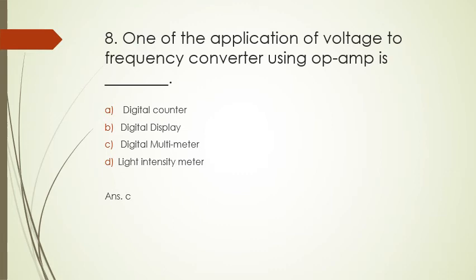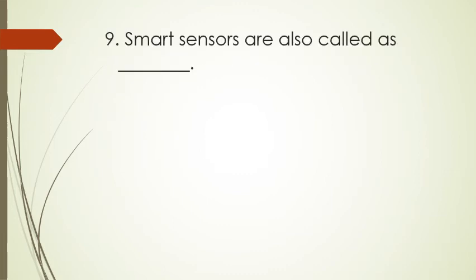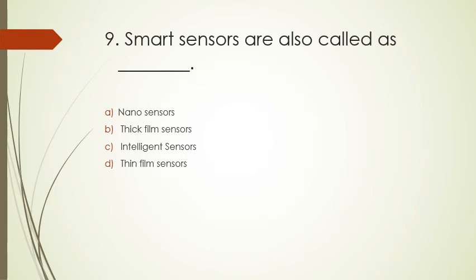That is one of the applications of voltage to frequency converter using op amp. Then the next is, smart sensors are also called as. Now for this kind of questions there is no need of studying also. You just have to use your common sense and you can click the correct answer. So here option C is the correct one. Smart sensors are also called intelligent sensors.